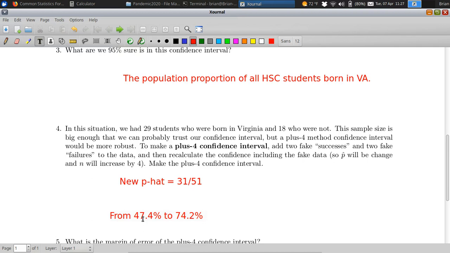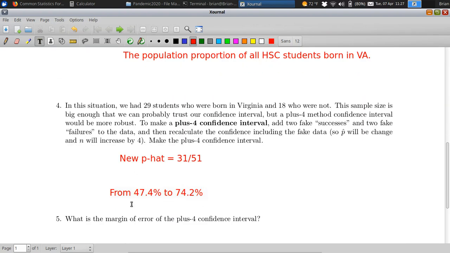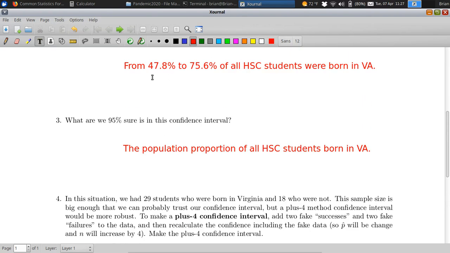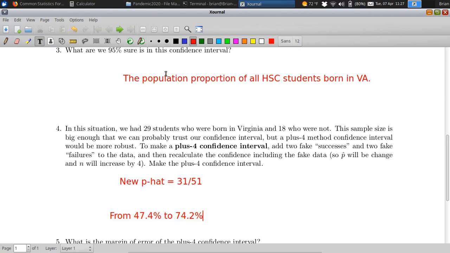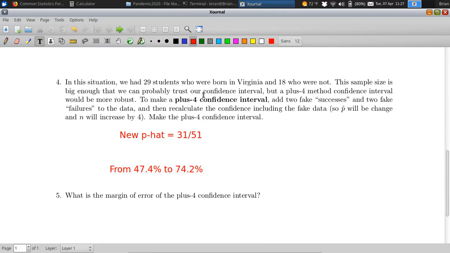74.2%. As you can see, this confidence interval is not that different from that one. It's actually very similar. The bottom bound, 47.4 versus 47.8, is hardly any different at all. The top bound is a little bit lower, right? It's 75.6 before, a little bit lower here. +4 confidence intervals tend to be closer to the middle.